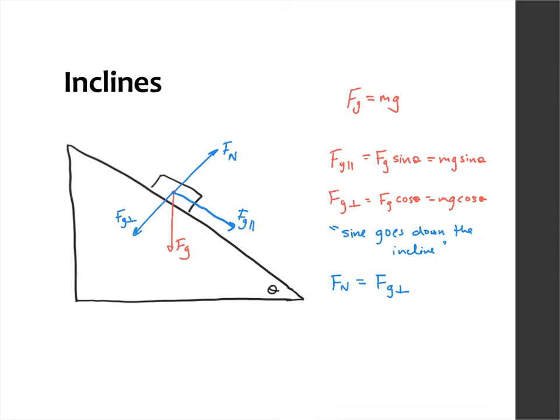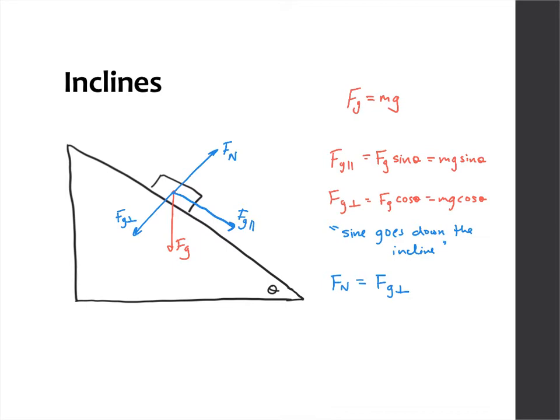Now friction will act along the parallel plane. It could either act with the weight going down, or it could act against the weight going up, because it depends on the direction of motion. So remember that friction opposes the direction of motion. If the object is going up, friction will go down. If you have the object sliding down the incline, then it'll go up.